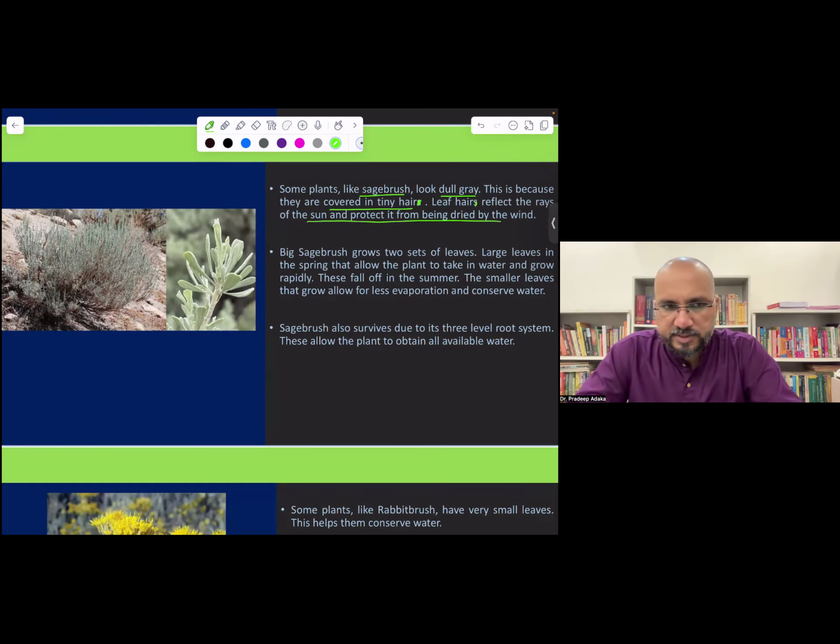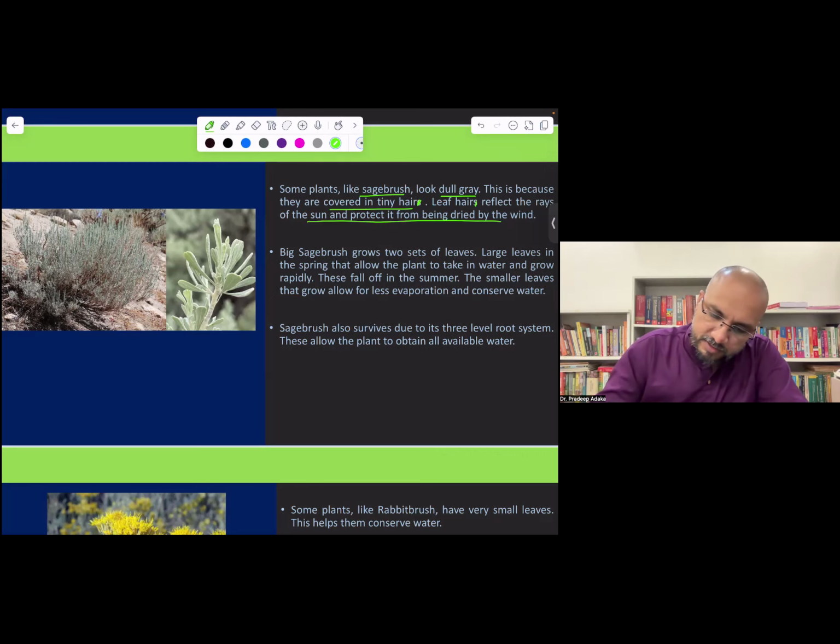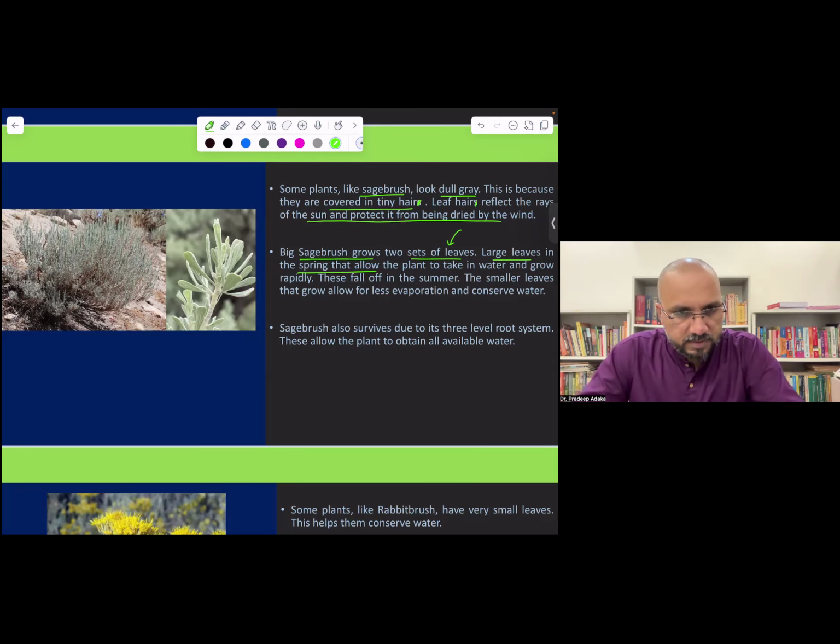So these leaf hair reflect the sun's rays so that it does not get heated up. So big sagebrush, they grow two sets of leaves. Large leaves come up during the springtime, that allow the plants to take water and grow rapidly.